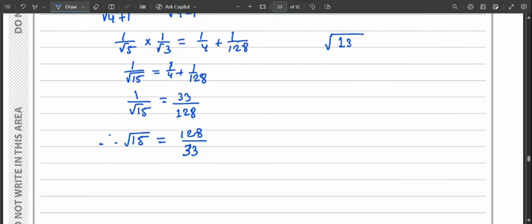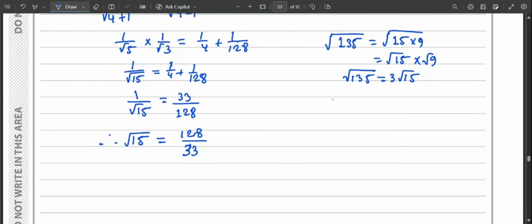From our expression, we have calculated an approximation for root 15. So we can substitute this value and multiply 3 with it to find an approximation for root 135. We know the approximation for root 15 is 128 divided by 33.